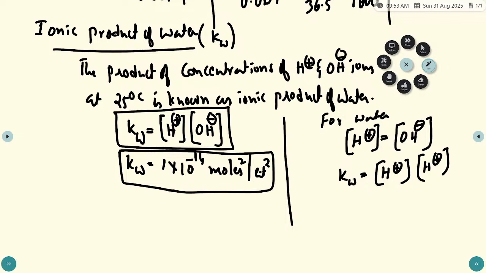So Kw is equal to H plus ion concentration squared. So H plus ion concentration is equal to root of Kw.